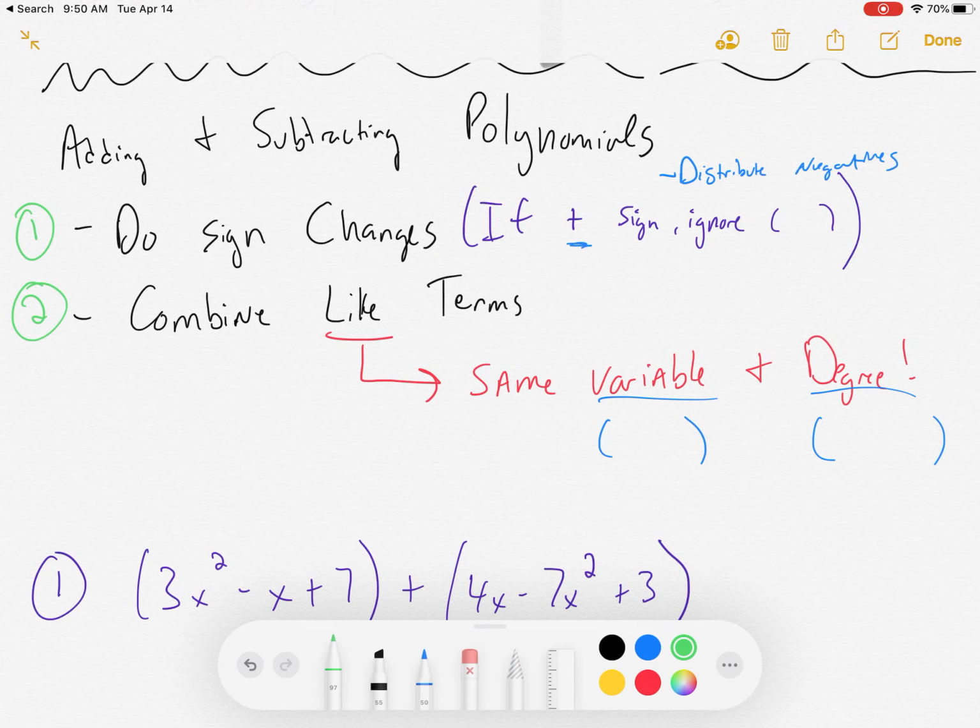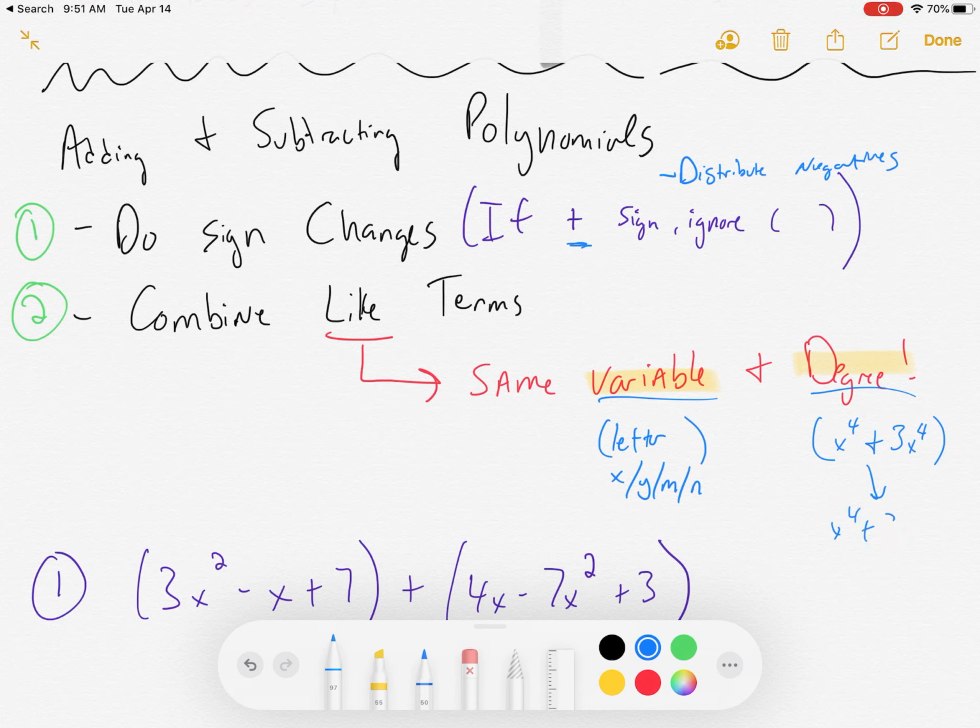The next step is to combine like terms. You'll hear me say CLT all the time. Now, underneath that, I have same variable and same degree. So a variable is just a letter, so same letter. That could be X, could be Y, could be M, could be N, any letter you can think of. Degree, now remember, again, degree is the same exponent. So for example, x to the fourth and 3x to the fourth have the same degree.